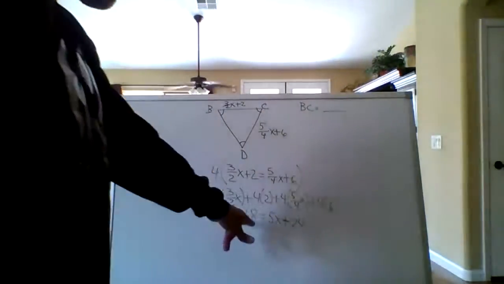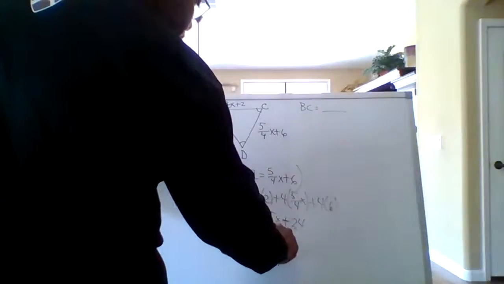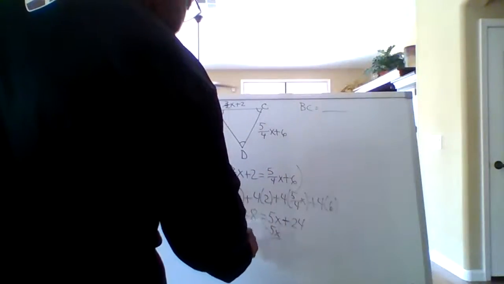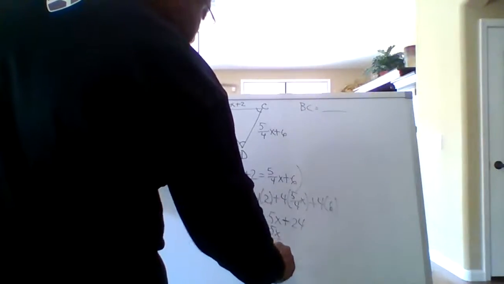Now, we have unlike terms on the same side, so we have to go with equal sign. So we subtract 5x. So we have x plus 8 equals 24.